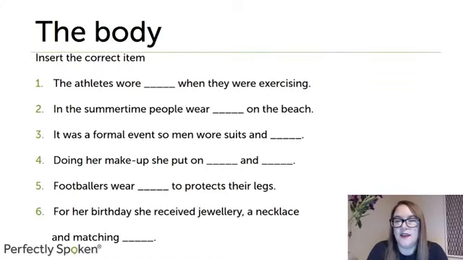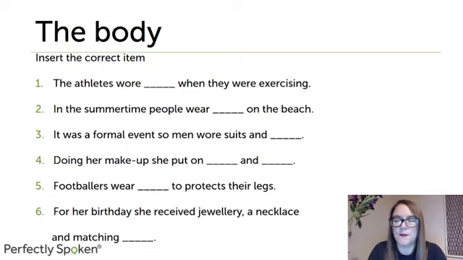Now we're going to practice. So I have some statements for you, but there are words missing. They're all words we've just looked at on that previous slide. So insert the correct item. Number 1, the athletes wore blank when they were exercising. Number 2, in the summertime, people wear blank on the beach.